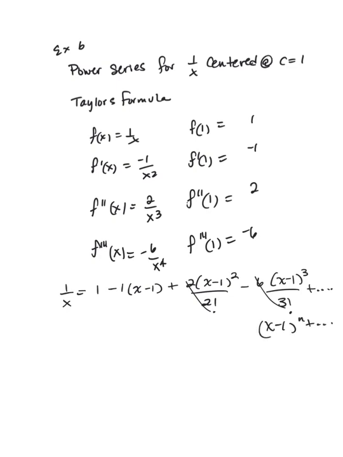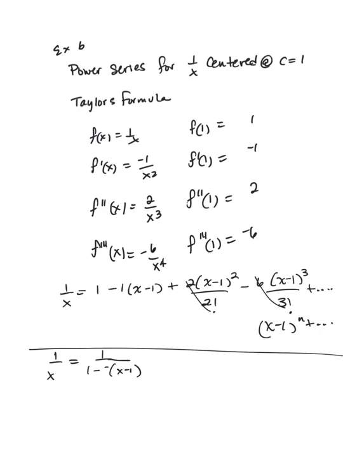Now, the other way you could do this, which most people probably wouldn't think of, is you could write this as 1 over x is the same thing as 1 over 1 minus negative x minus 1.